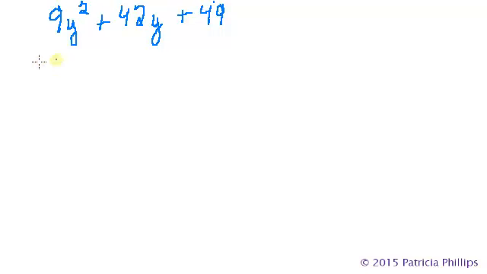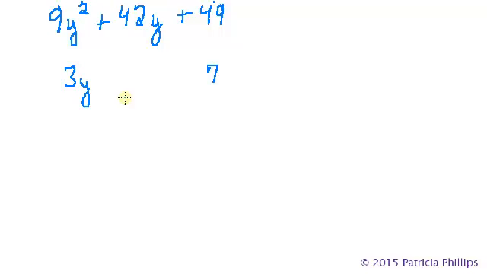Well, you're going to ask yourself, is the first term a square? Yes, the first term is 3y times 3y. Is the last term a square? Yes, it is 7 times 7. So these are your roots: 3y and 7.